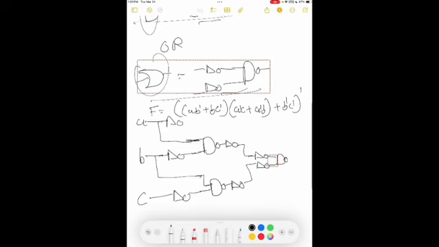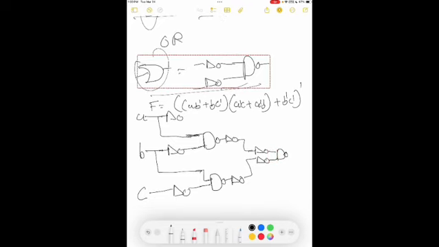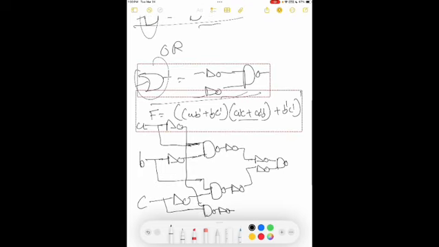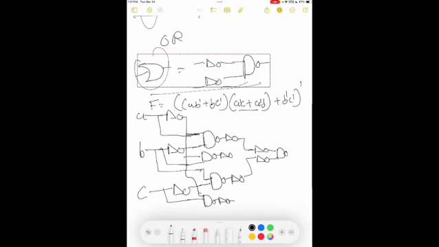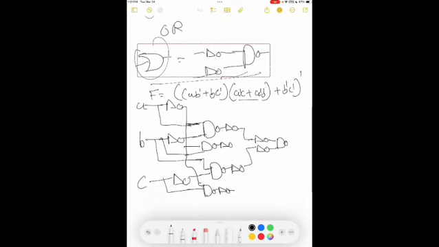In the second bracket we have A prime C, and we replace the AND with this thing. Then A prime B. It will be messy, yeah. I have to use the whiteboard instead, but that's fine.